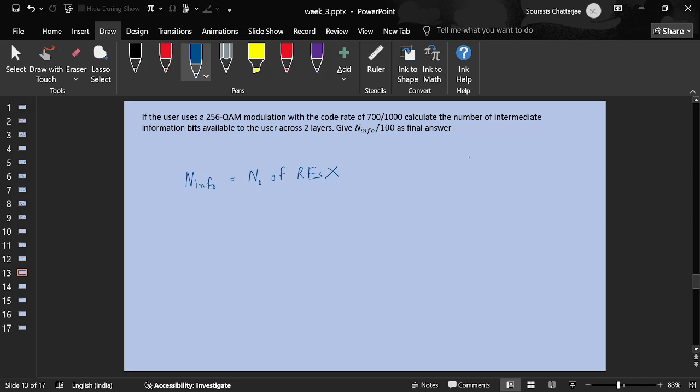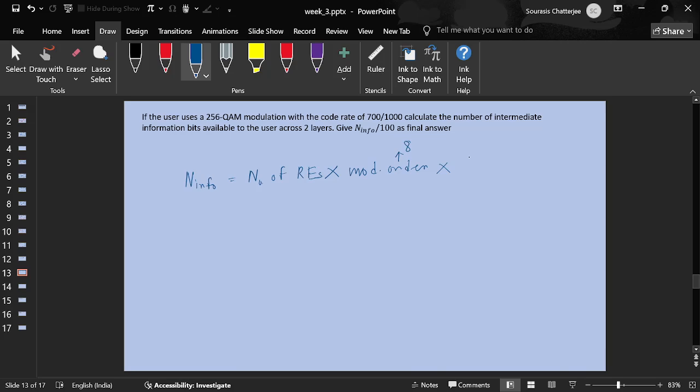So number of REs multiplied with the modulation order, right? So what is the modulation order for this particular question? 256QAM, that is 8.